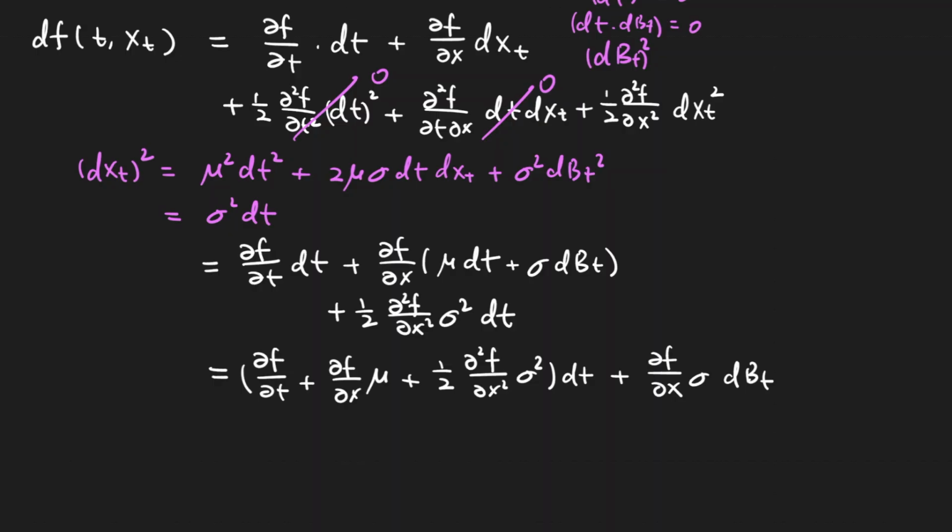And that equals df. So this is the key equation for the Ito calculus.